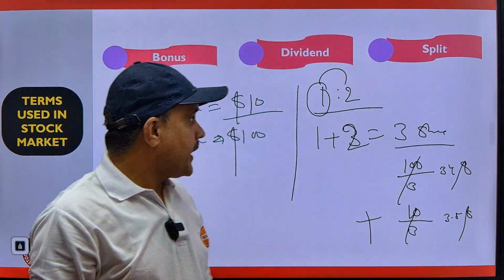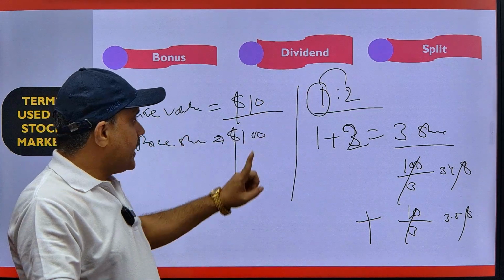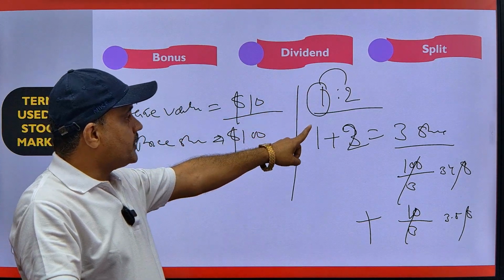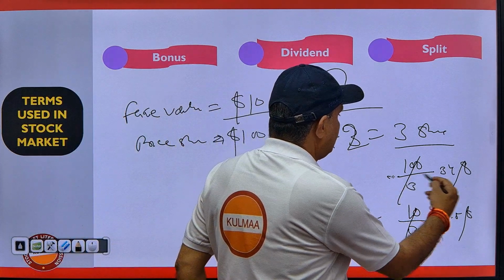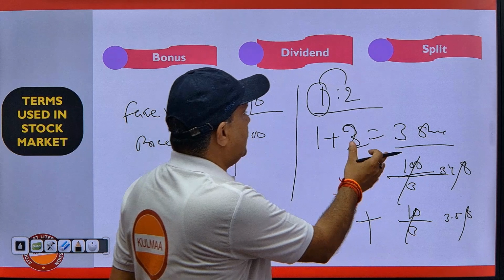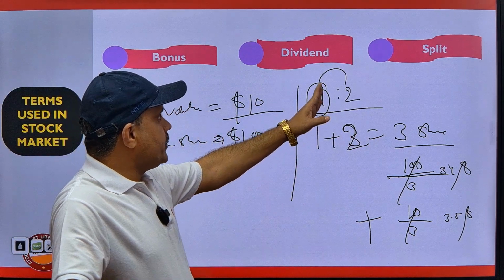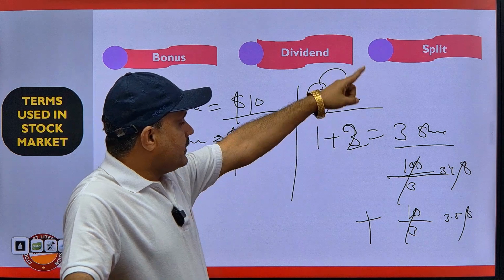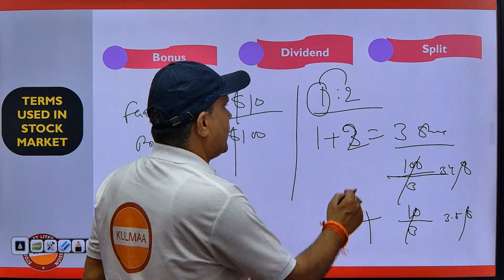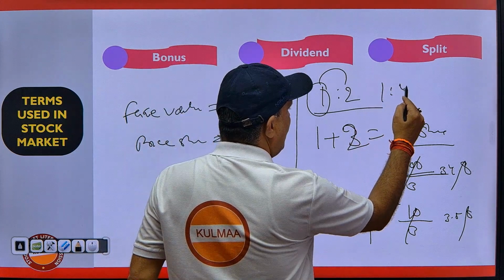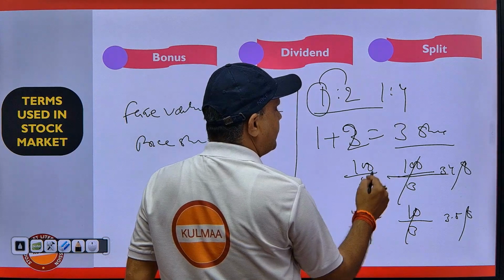That initial price value will also be decreased when the split is announced, along with the share price, as per the split announced. If they announce 1:2, the price will be divided by 3. If they announce split 1:4, the price will be divided by 5, that is 1 plus 4.